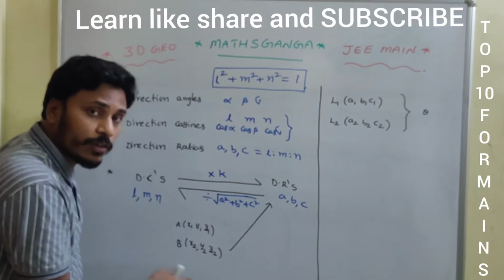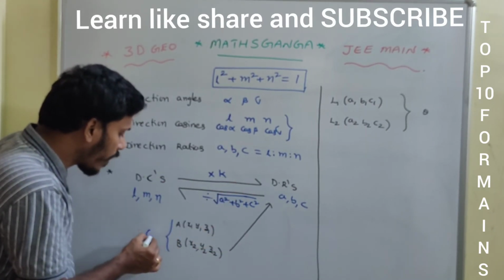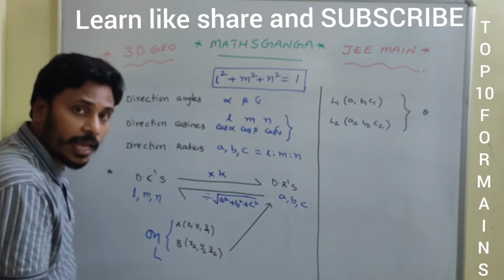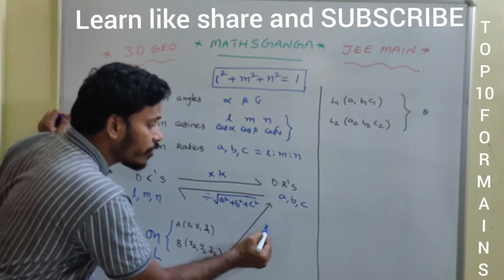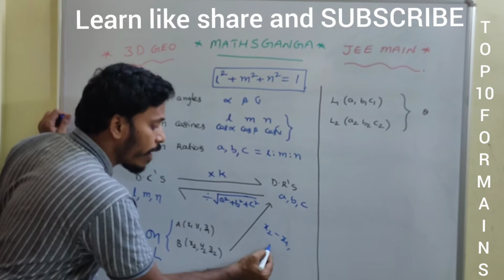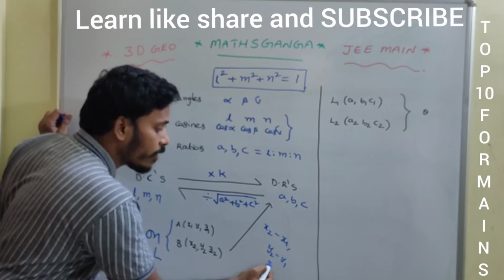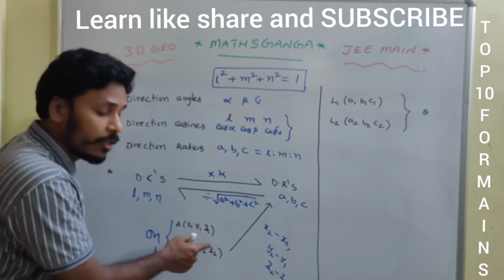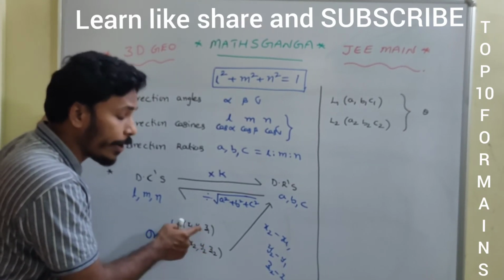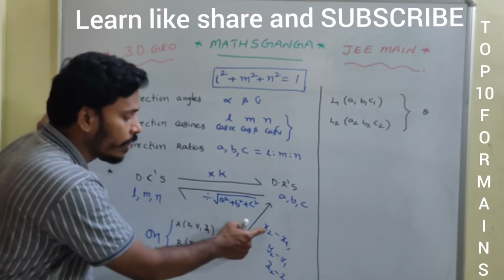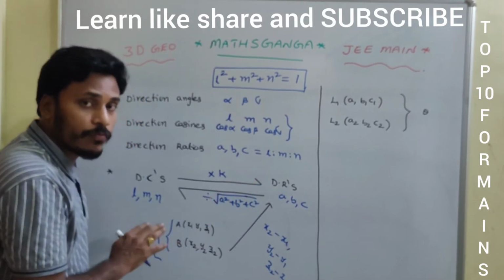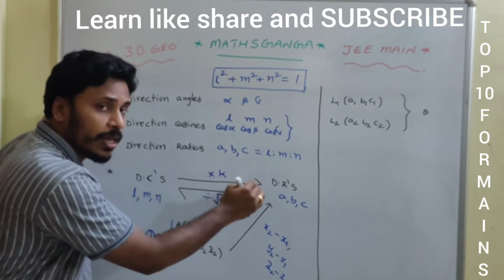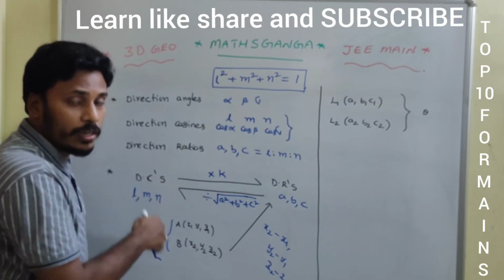And another way is, if I have 2 points on the line, then the DRs of that line are given by x2 minus x1, y2 minus y1, z2 minus z1. These three represent the DRs of the line. Okay, so from 2 points to DRs to DCs, we usually convert like that.